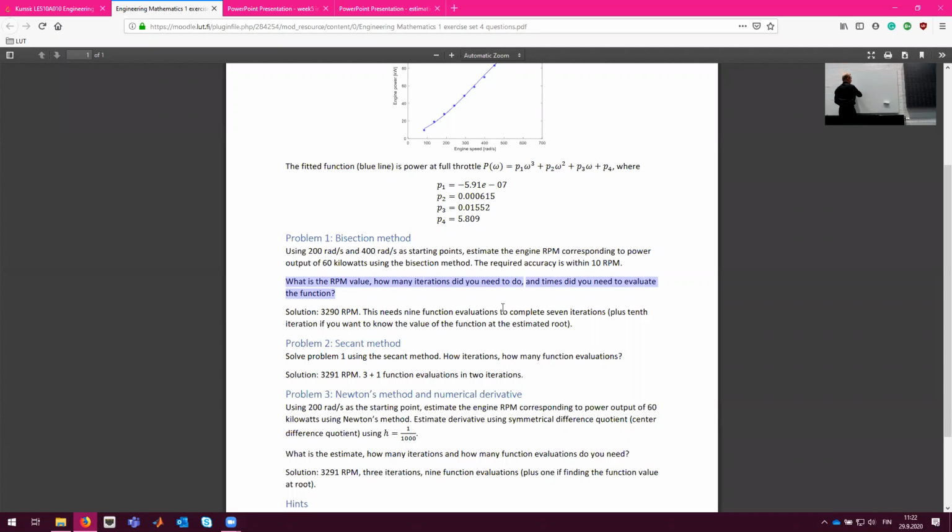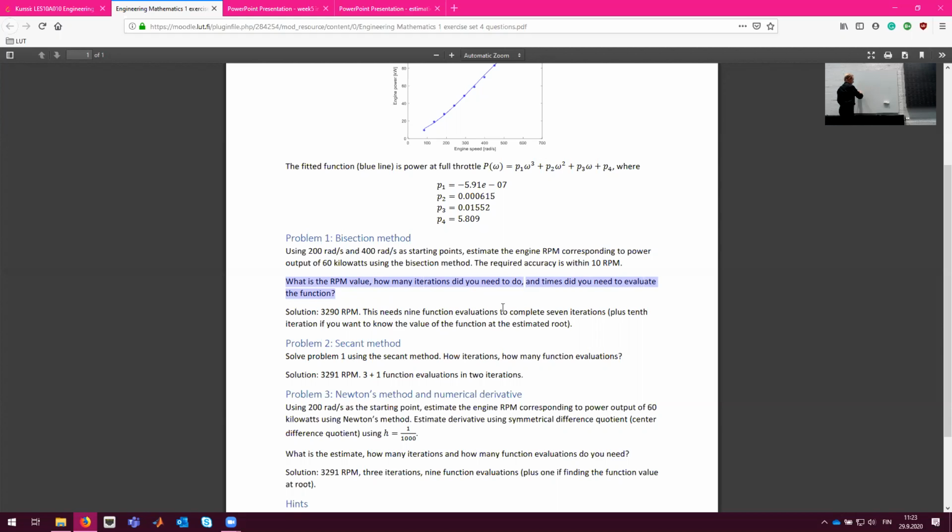We're having a function like this, and we want to find the root using, well, let's use the bisection method, and our x1 is here.